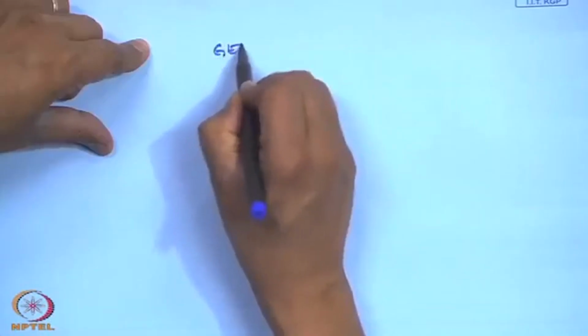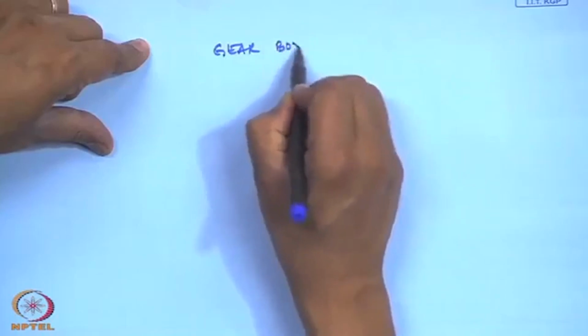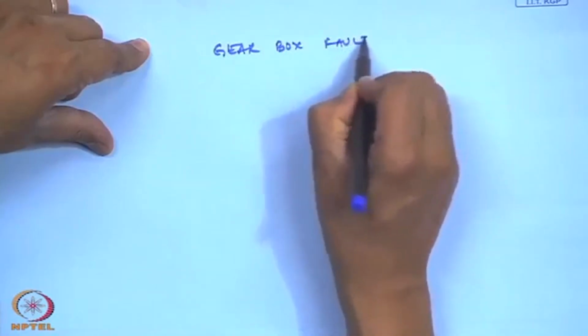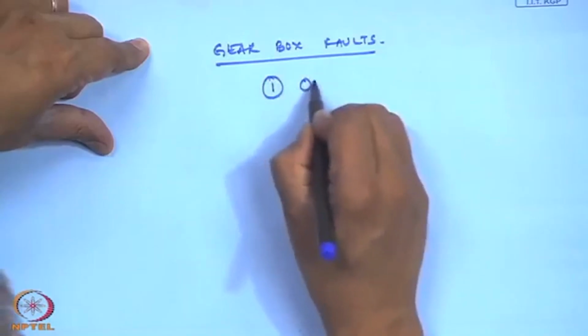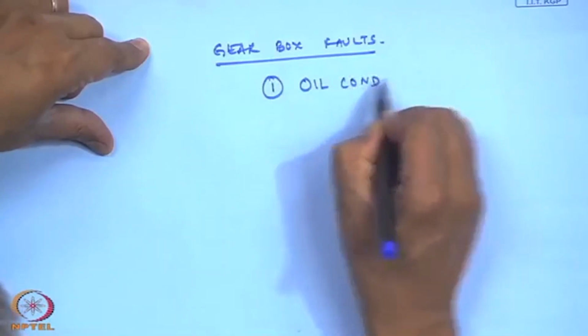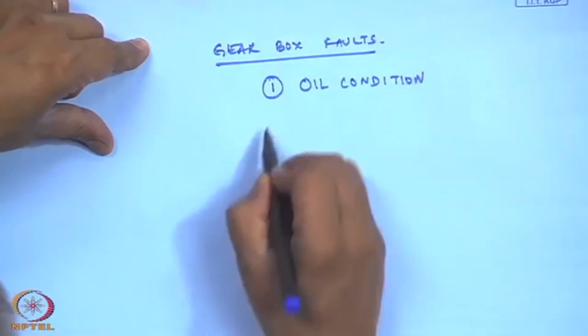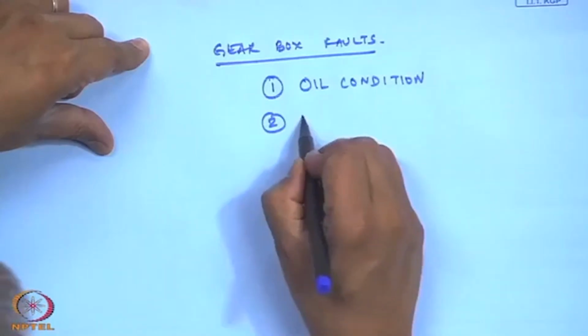So, to detect gear faults, we can have so many conditions. Number 1 is the oil condition, the other is the vibration.